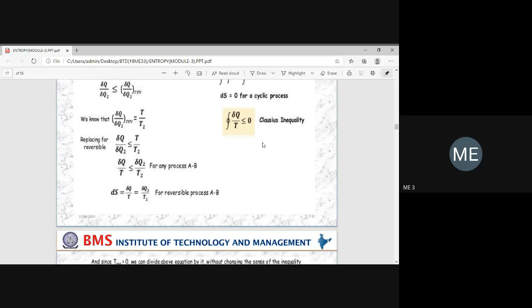If the cyclic integral of dq by T is greater than 0, then the process is not possible at all. So these are the three criteria we get from the Clausius inequality. Don't stop here; you have to add these three steps to the Clausius inequality.